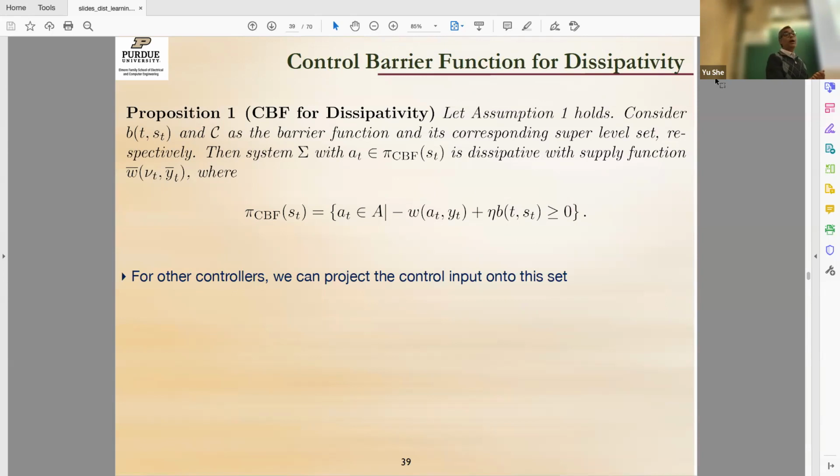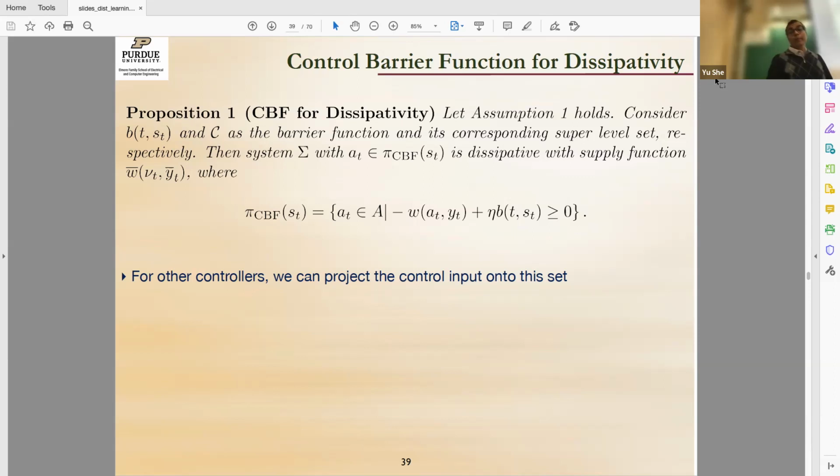I don't care how this is being generated. I just say if my control input satisfies this, I'm safe. Okay. So if I was designing the control policy from scratch, I can directly say this is the control policy I want.